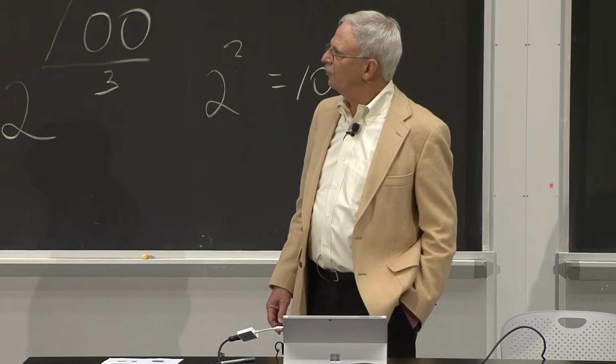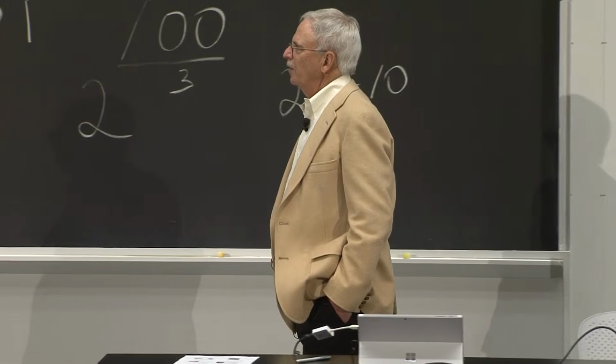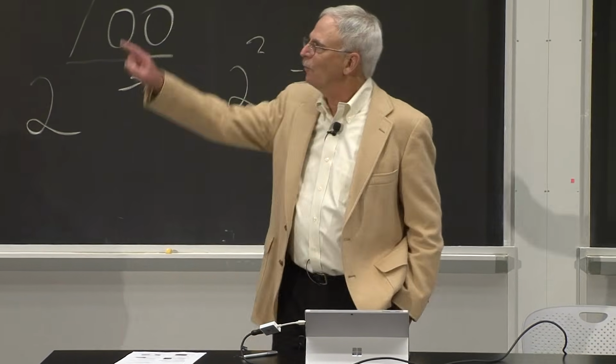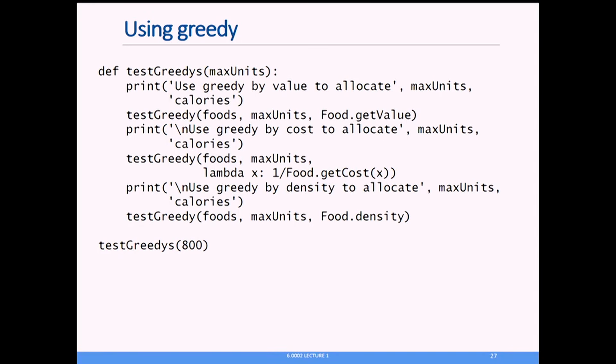I actually think I use 750 in the code, but we can use 800. It doesn't matter. And here's something we haven't seen before. So use greedy by value to allocate, and it calls test greedy with food, maxed units, and food.getValue. Notice it's passing the function. That's why there are no closed parentheses after it. Use greedy to allocate it. And then we have something pretty interesting.